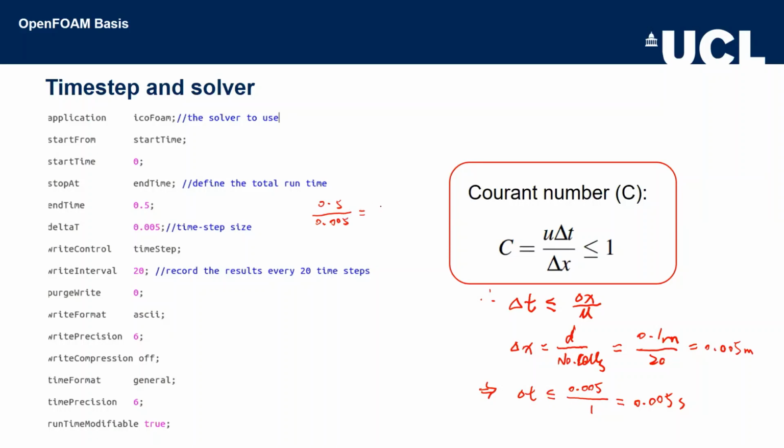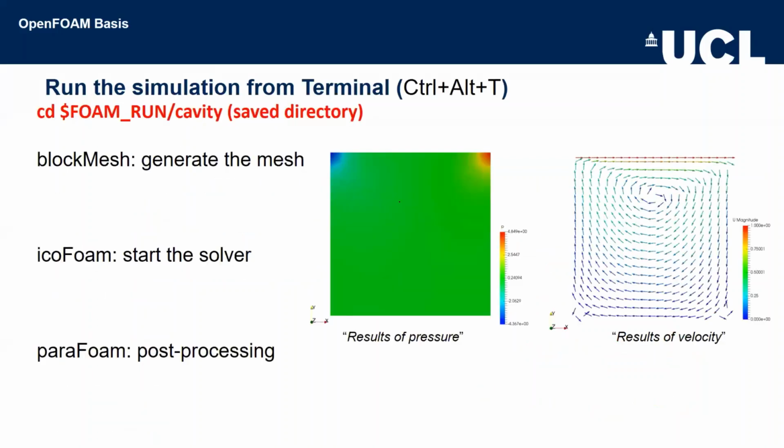We will get 100 time steps in total. So if we decide to save the results every 20 time steps, we will get 5 results after the simulation is finished. Now it's time to run the simulation.